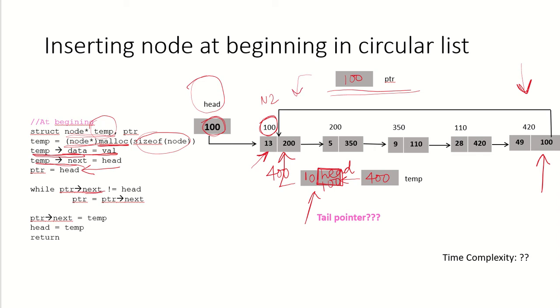We will keep on checking till it reaches the last node. And how will we know that this is the last node? Because pointer arrow next will be equal to the head value. If we find that pointer arrow next is equal to the head value, that means we have reached the last node. Till that time, we will keep on updating the pointer value to point to pointer arrow next. So each time it visits a node, it will be updated by the pointer arrow next value.